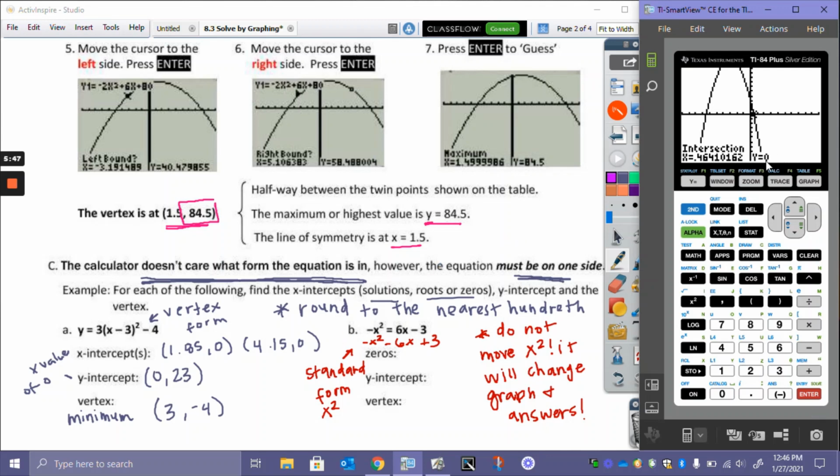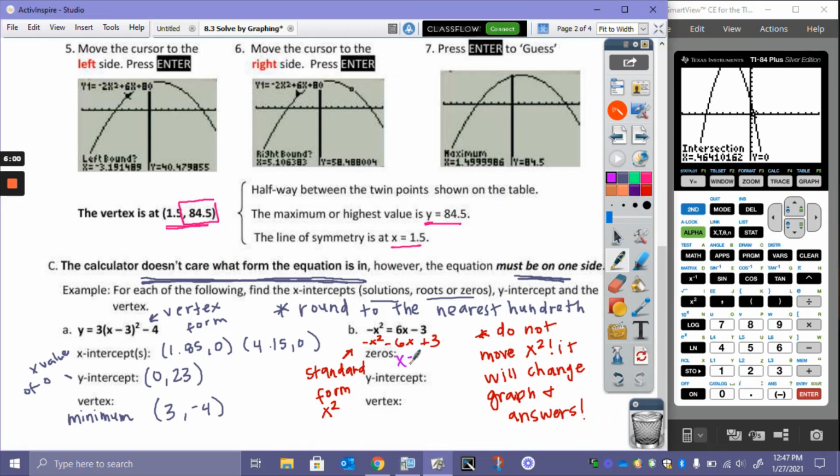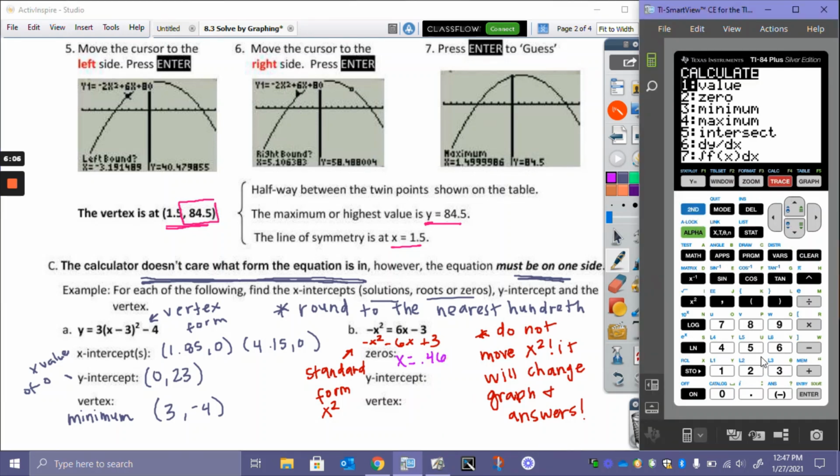And then, of course, our y value is 0 because it is an x-intercept. But because this is asking for zeros and not x-intercepts, we just need this x value. Once again, we round it to the nearest hundredth. So x equals 0.46.